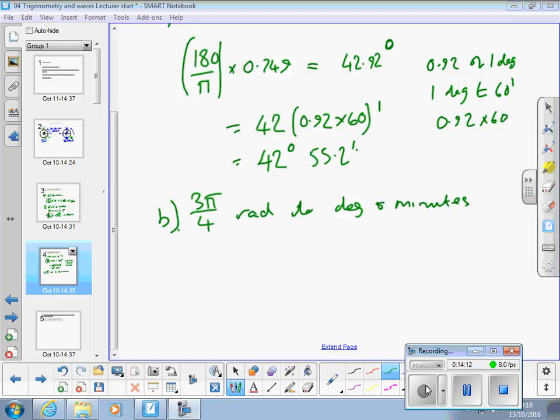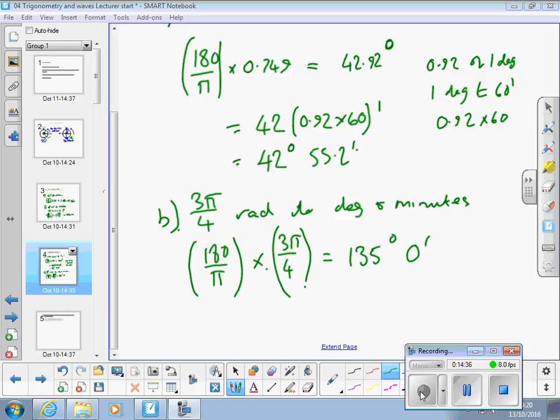We're going to do 180 over pi times 3 pi over 4. Everyone else agree with 135 degrees and no minutes?